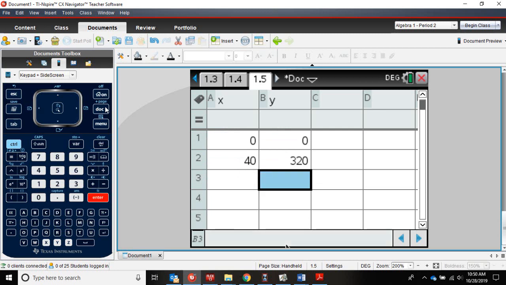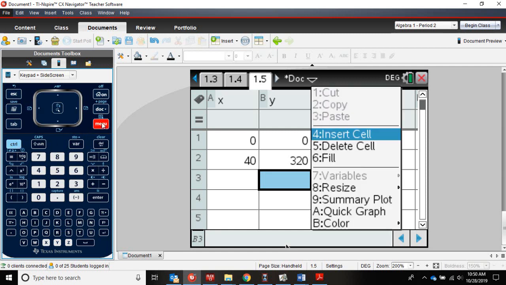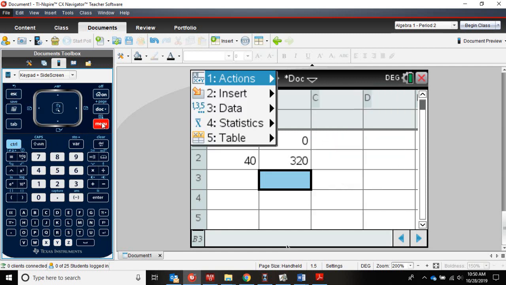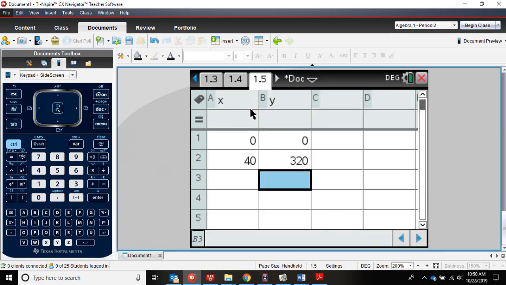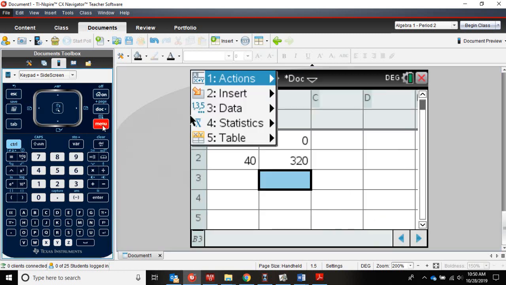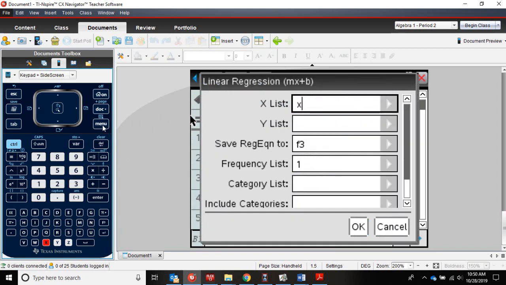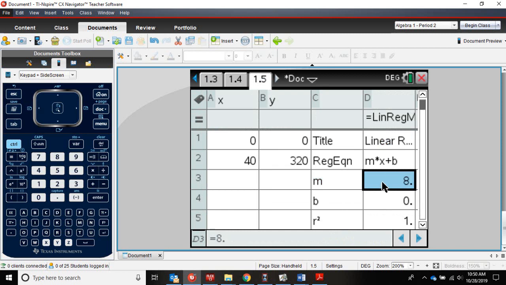Then menu, 4, 1, 3. We change X for X and Y for Y, and then we press OK. I pushed cancel on accident, so I'm going to start over. 4, 1, 3. Okay, and that tells me that my slope is 8, and my y-intercept is 0.